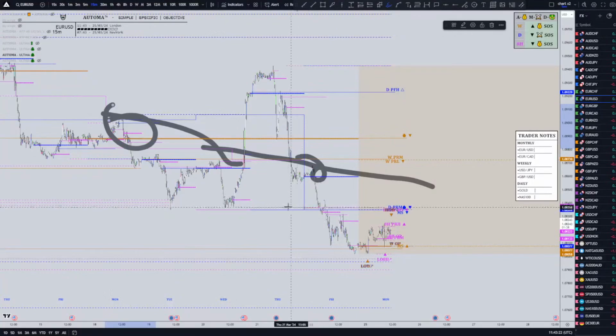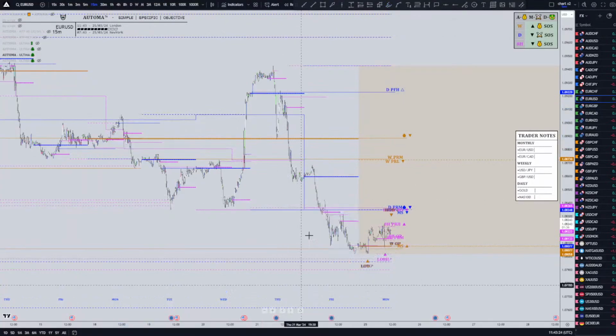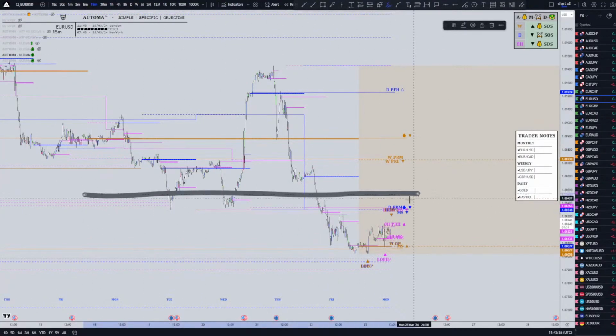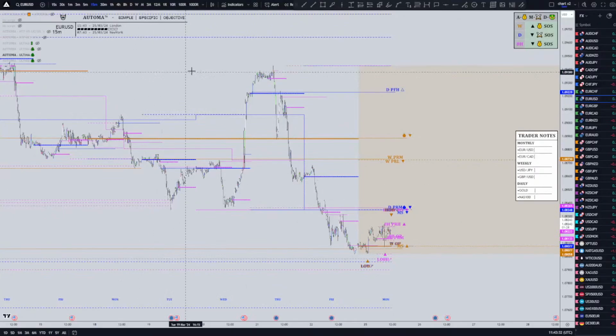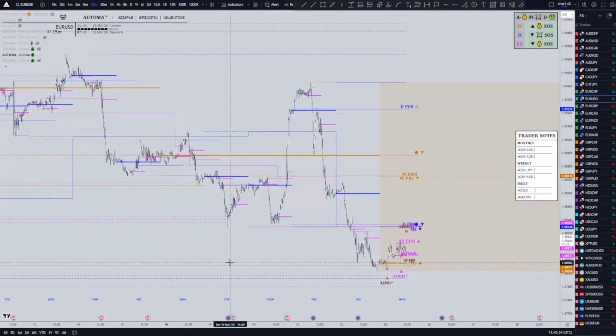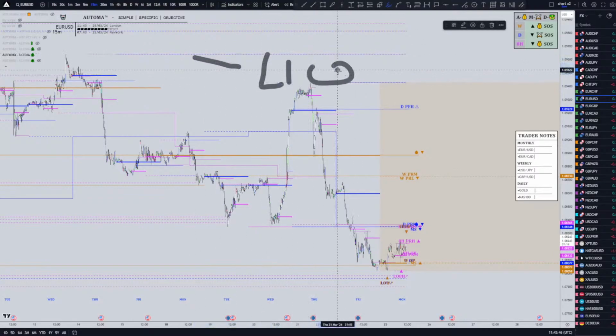At some point you will have reactions. But what logical reasoning can you give to that line? On this tool, every single line has a logical reasoning why the price reacts from that level, and fundamentally it's all about liquidity.